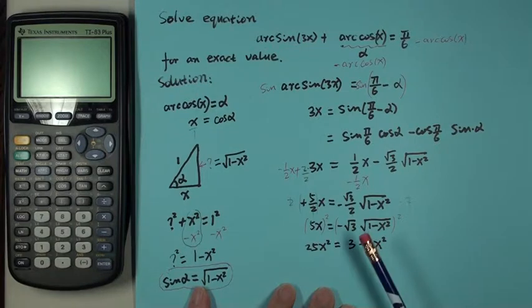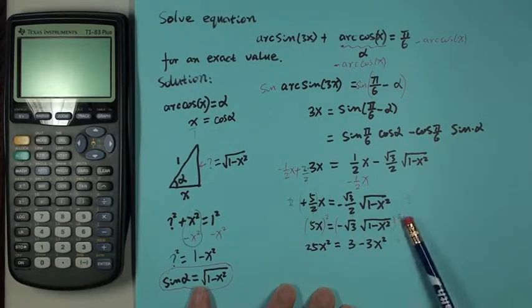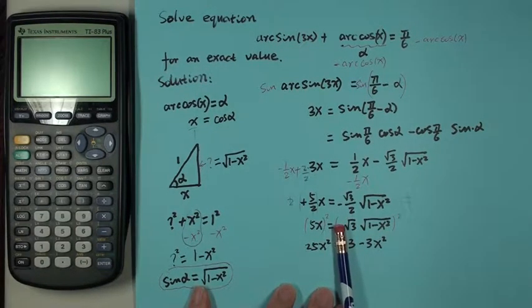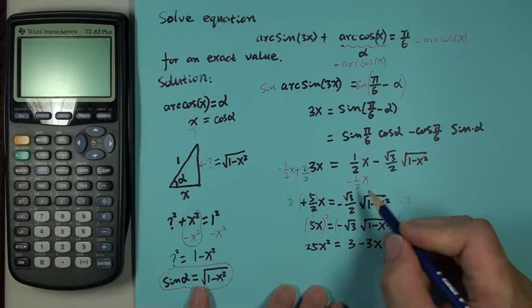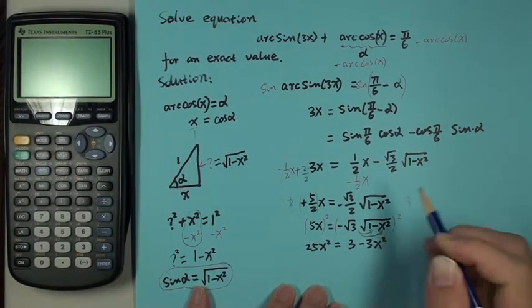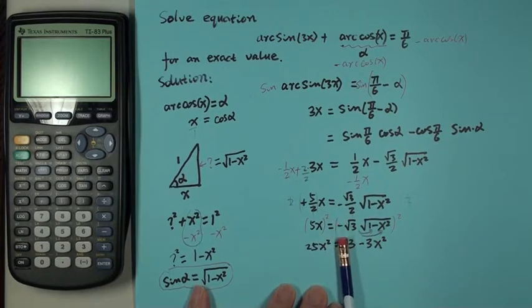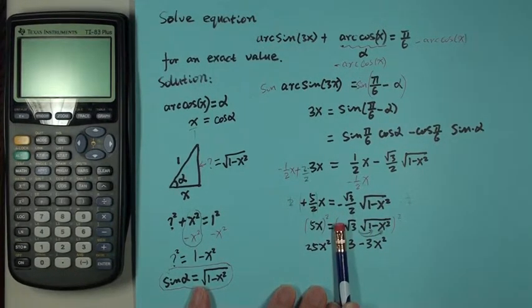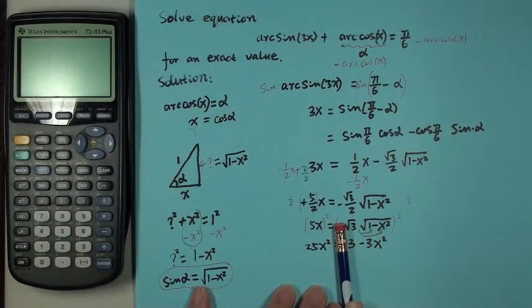Because there is a square, this negative sign disappeared. It's the distributive property: 3 times 1 is 3, and 3 times negative x squared is negative 3x squared.